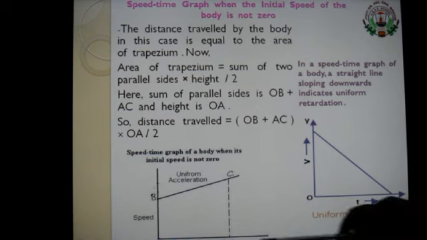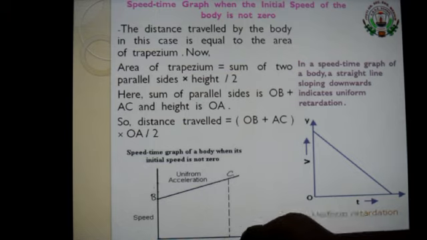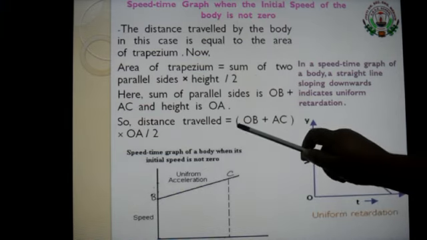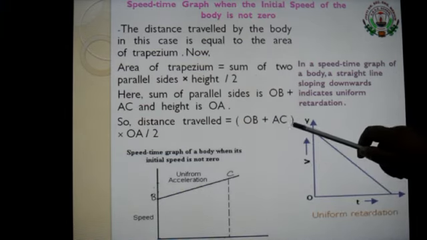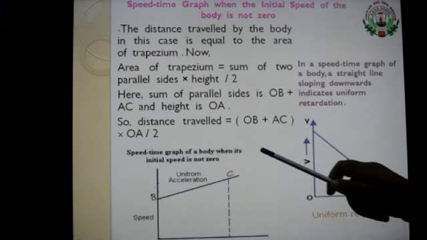Here the parallel sides are OB and AC and the perpendicular distance is OA. Therefore, the distance travelled is equal to (OB plus AC) into OA divided by 2.